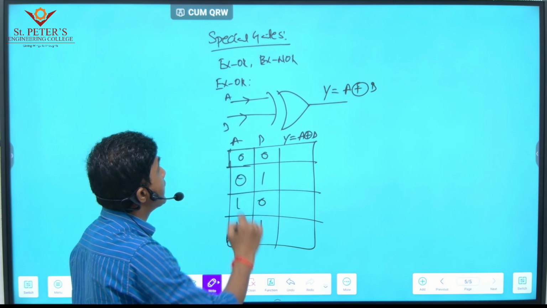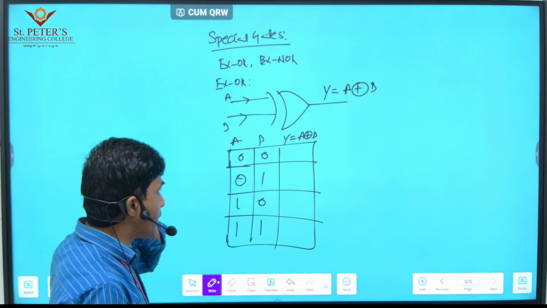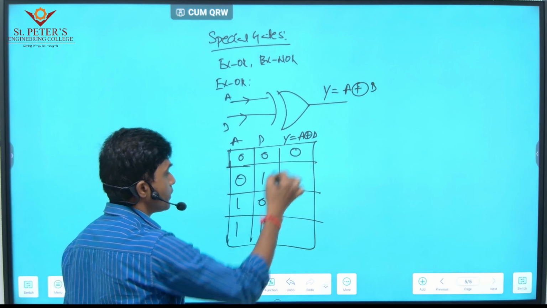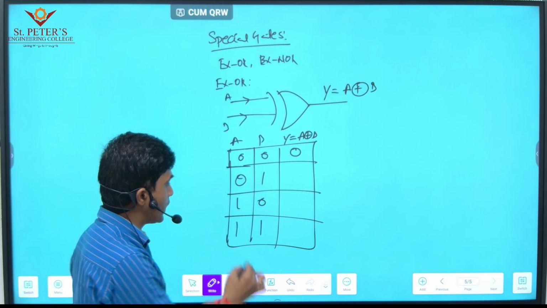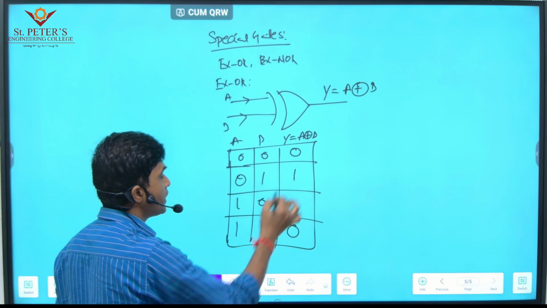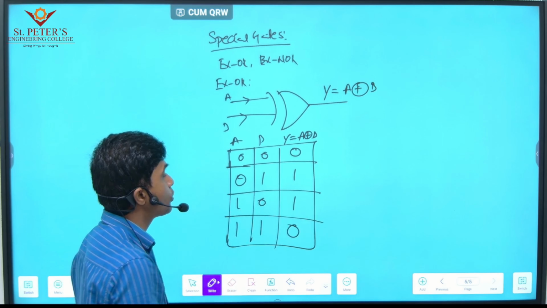The XOR gate acts like a comparison, so it compares the inputs. If the inputs are the same, the output is 0. For 0 0 the inputs are the same, for 1 1 the inputs are the same, and the output is 0. For the remaining 0 1, the inputs are different and the output is 1. For 1 0, the output is 1.